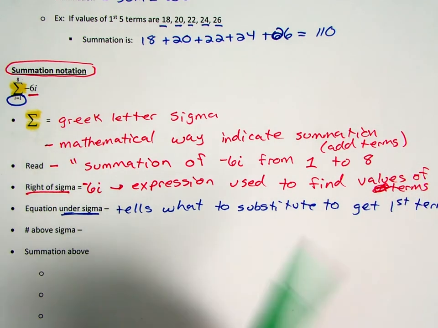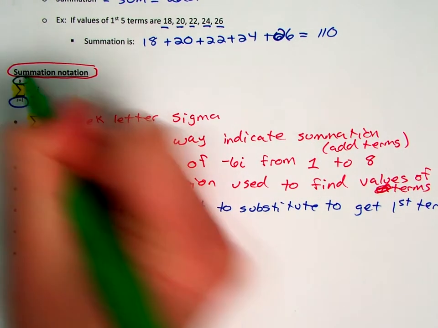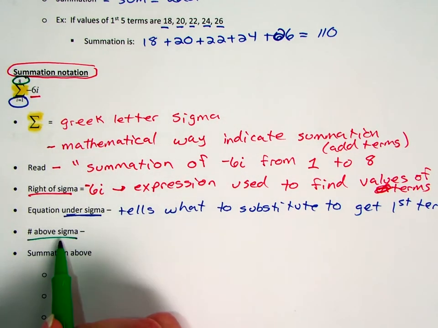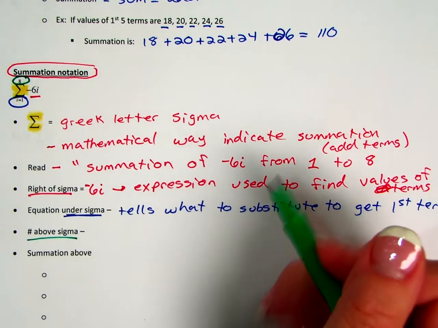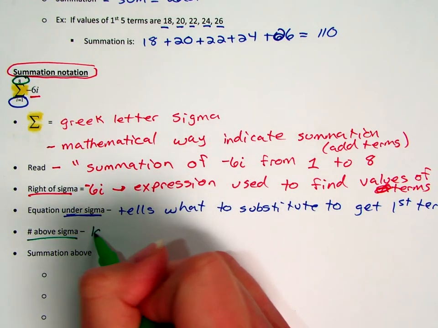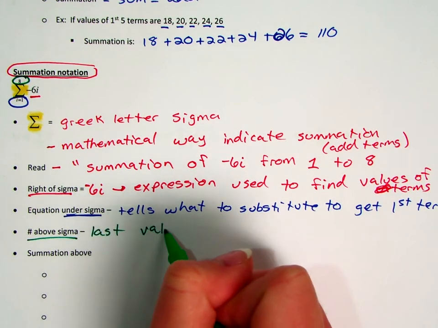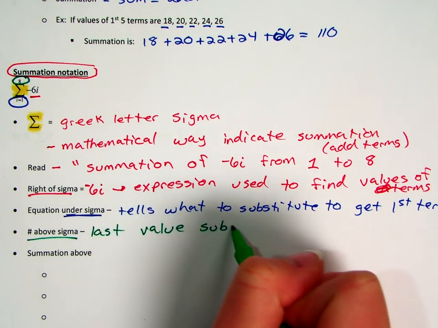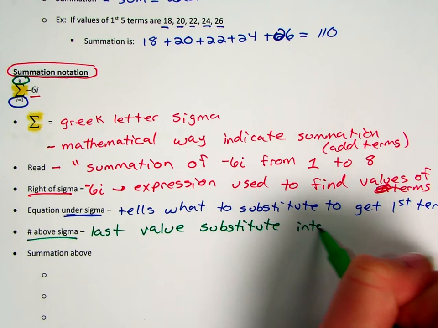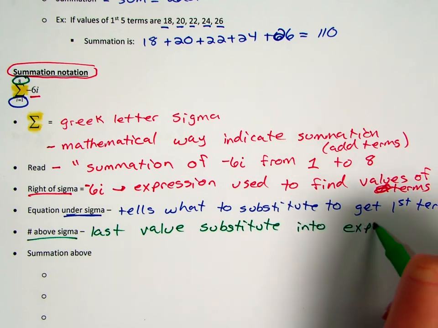Then, when you look at the number above the sigma, which in this case is 8, so we'd start substituting in 1. The number above the sigma tells you which one should be your last term, the last value you substitute into the expression.